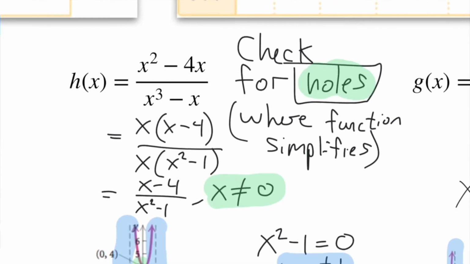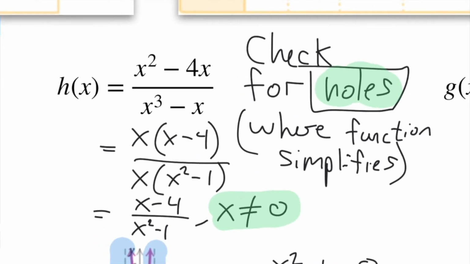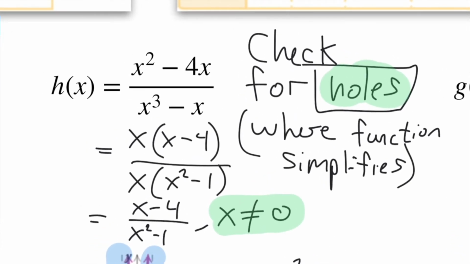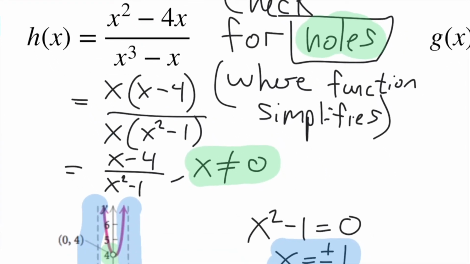One thing that you want to see is that there can be holes in the graph. And holes appear where the function simplifies. So for example, you can factor out an x from both the numerator and the denominator. This function is exactly equal to this function, but when you cancel the x's, you have to restrict the result.